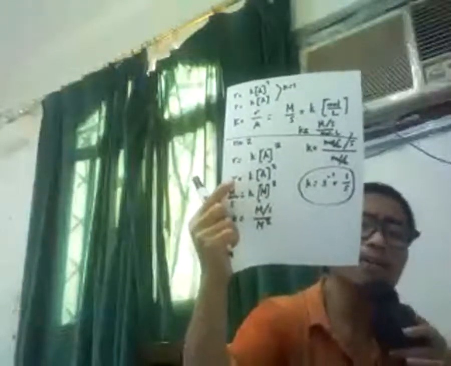What's left is capital M in the denominator. So k is equal to 1/square molar times second. Yes, 1/square molar.